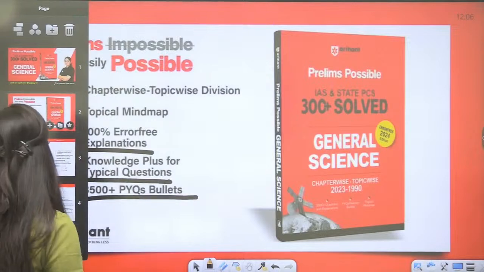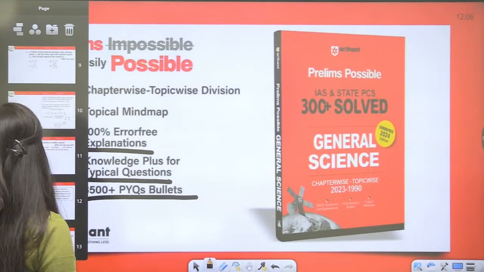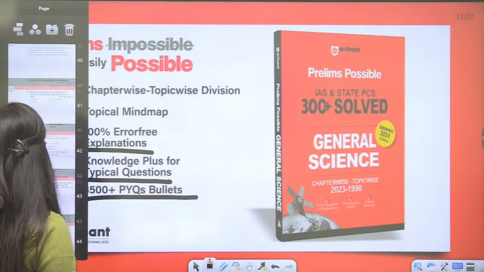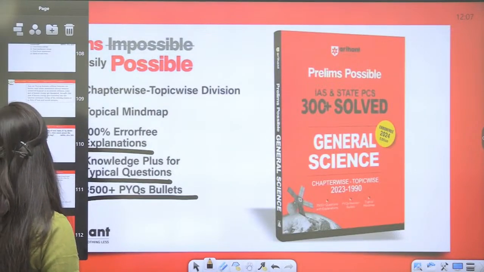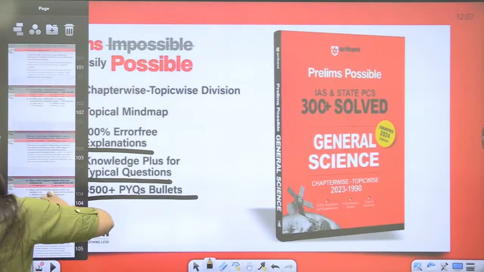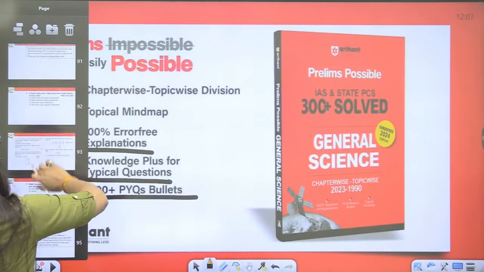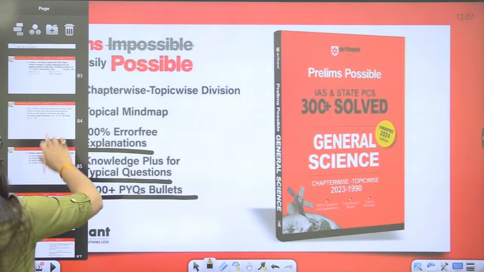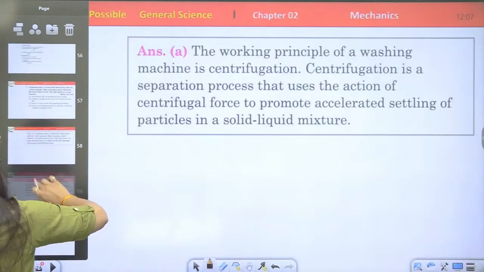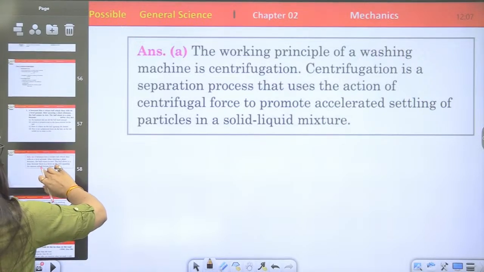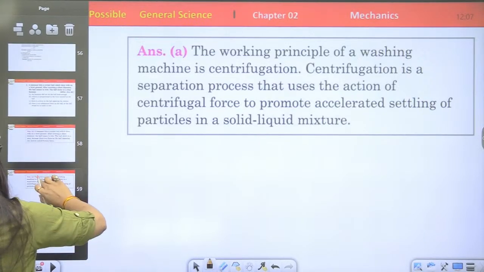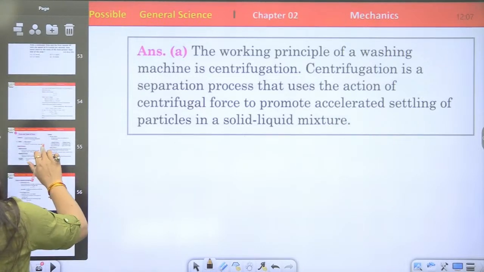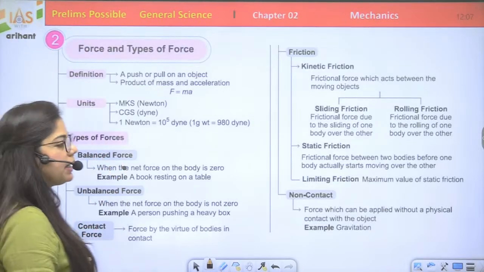Our today's topic is forces and types of forces.